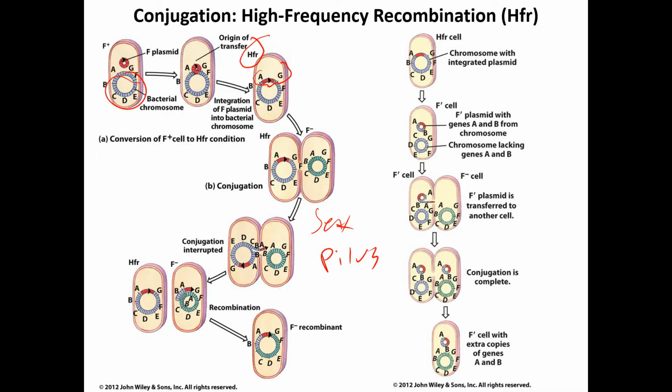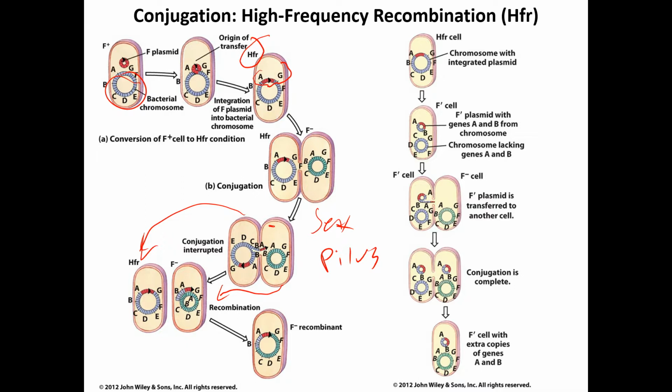As a result, you're left with your HFR cell that you had initially. So this is your HFR. Here, it's still an F minus cell, the reason being that it doesn't have the complete sequence of genes needed for synthesis of that F plasmid.